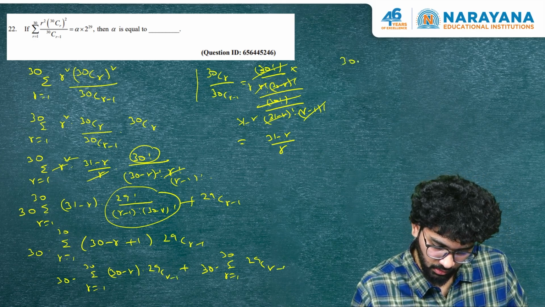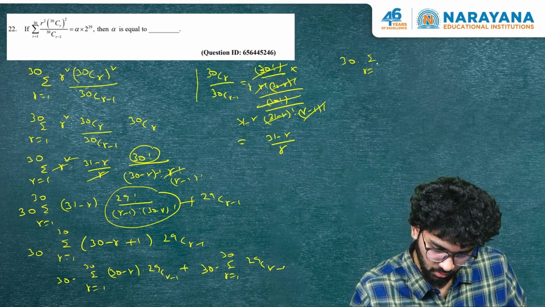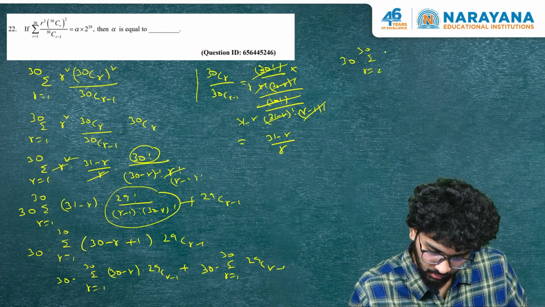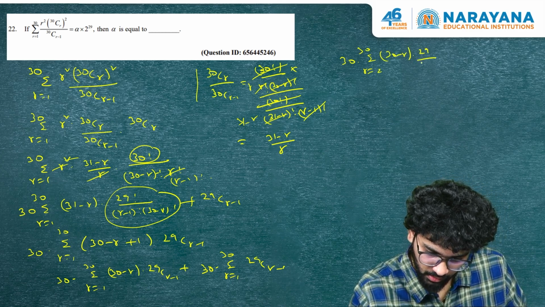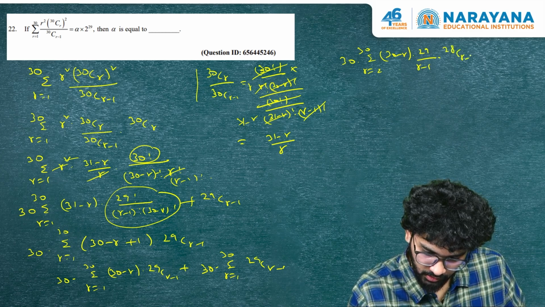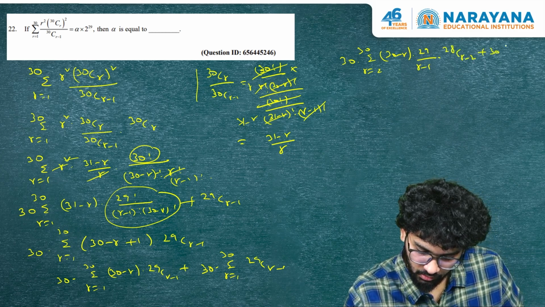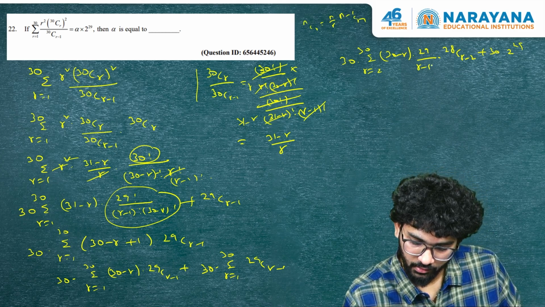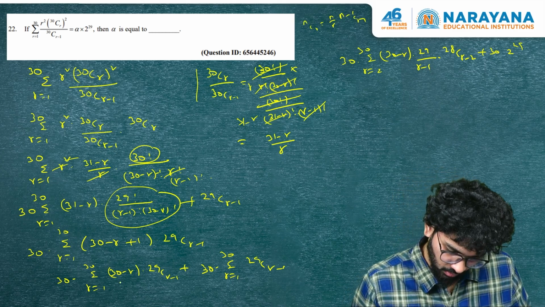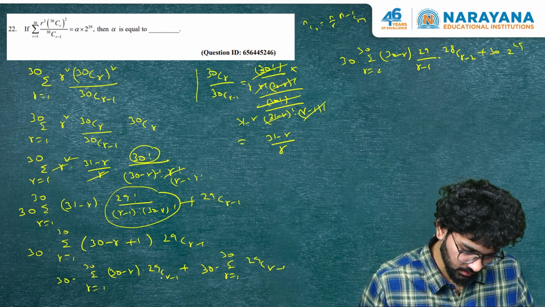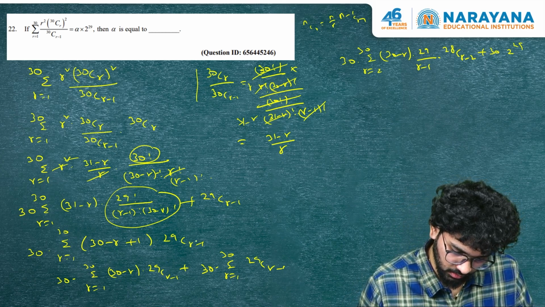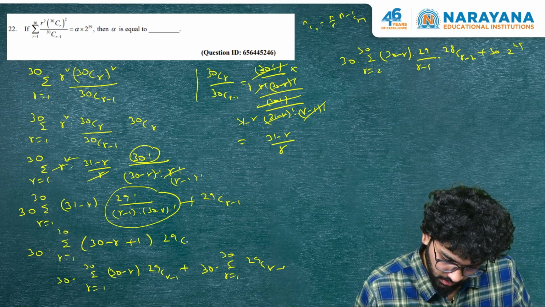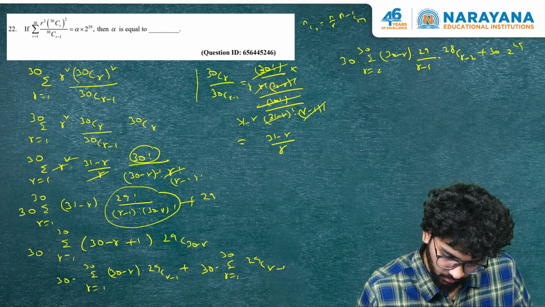Now this will become 30 into sigma r equal to 2 to 30, 30 minus r into 29 by r minus 1 into 28 cr minus 2, plus 30 into 2 power 29, because we can write nCr as n by r into n minus 1 cr minus 1. So this 30 minus r will get cancelled here and here. 29 by 30 minus r I can write, this is not 29 cr minus 1, this is 29 c 30 minus r.